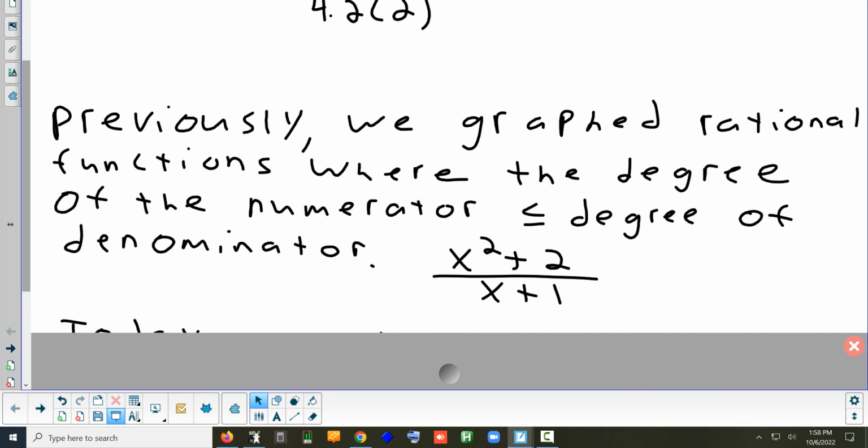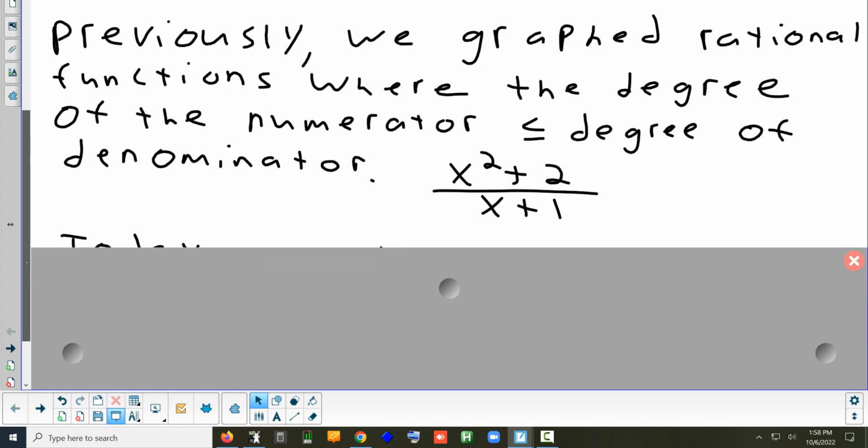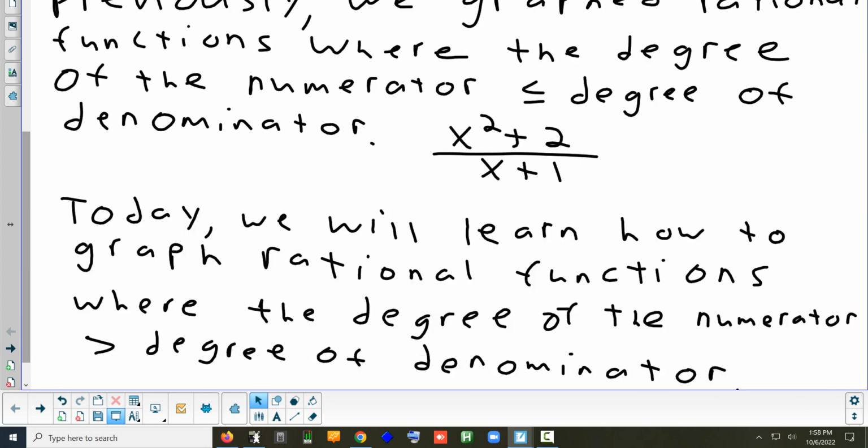So the degree in the top was bigger in that case, or we also looked at it when it was equal. I'm sorry, that was smaller, so I should do it the other way. That's what we looked at yesterday. The degree in the bottom was smaller than what was in the top, or it could have been equal.